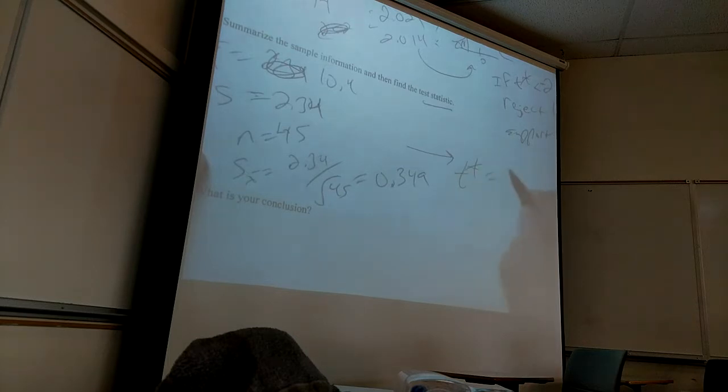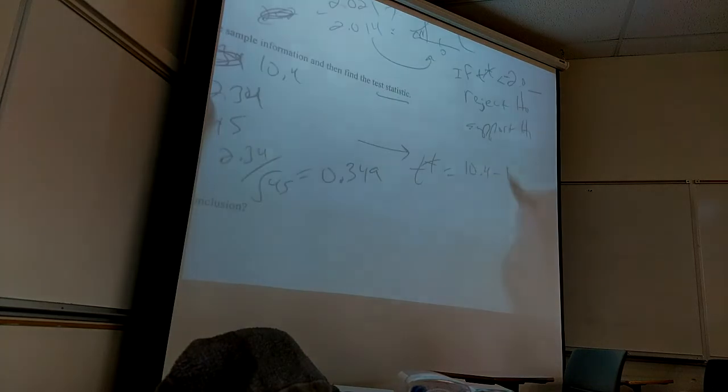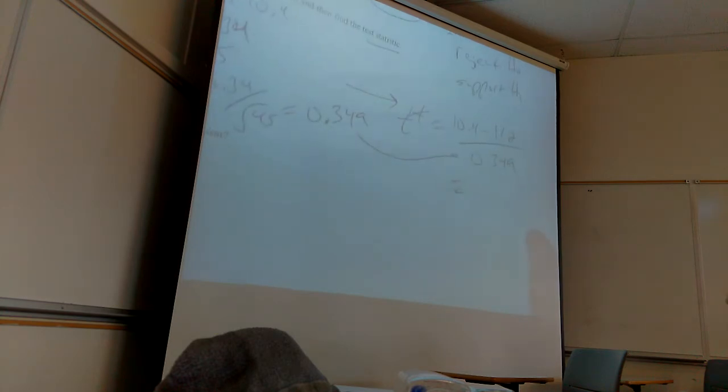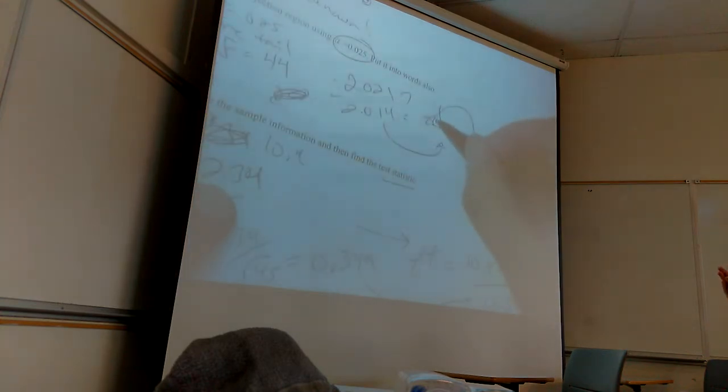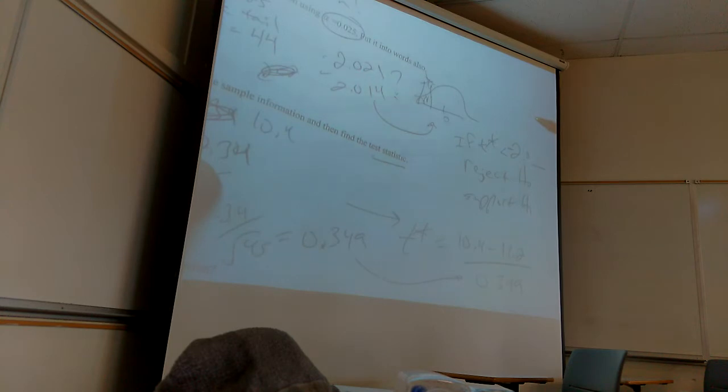T star is my data minus the supposed middle, divided by the new spread. Negative 2.29. So doesn't matter, negative 2.29, we're in there either way, whichever number you picked. Thank God. If we got a negative 2.017, that would have sucked a lot.